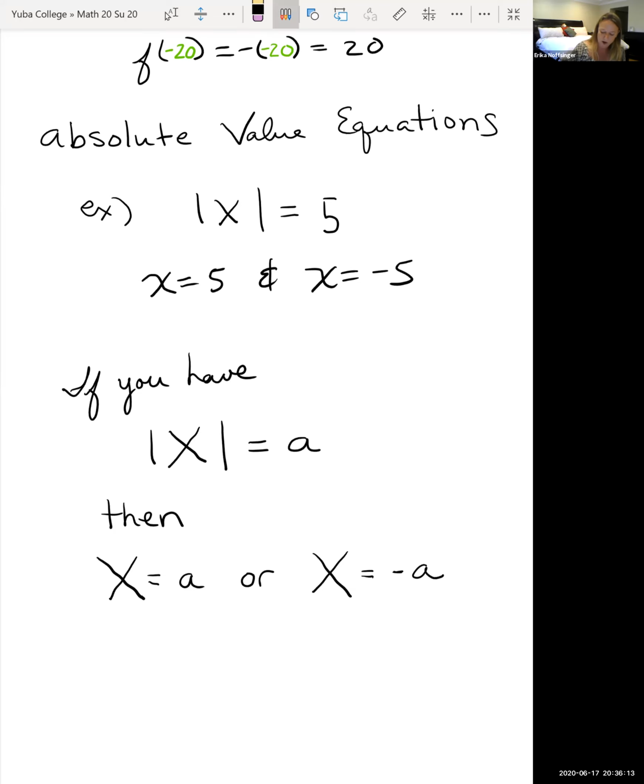There has to be one stipulation in here, as long as A is greater than or equal to 0.